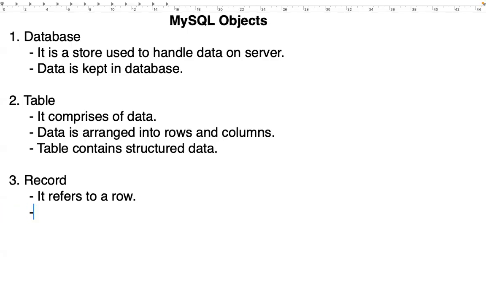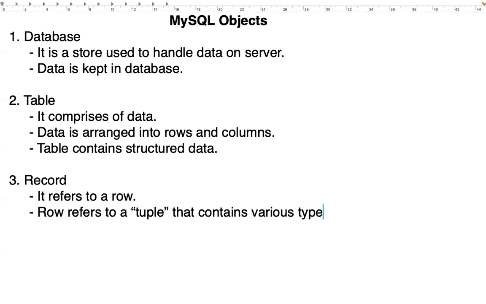Actually, a row refers to a tuple that contains various types of data. A row is considered a tuple that contains various types of data. That means in a row, you can store different types of data. A record can contain information of various types: number, string, boolean, like that.